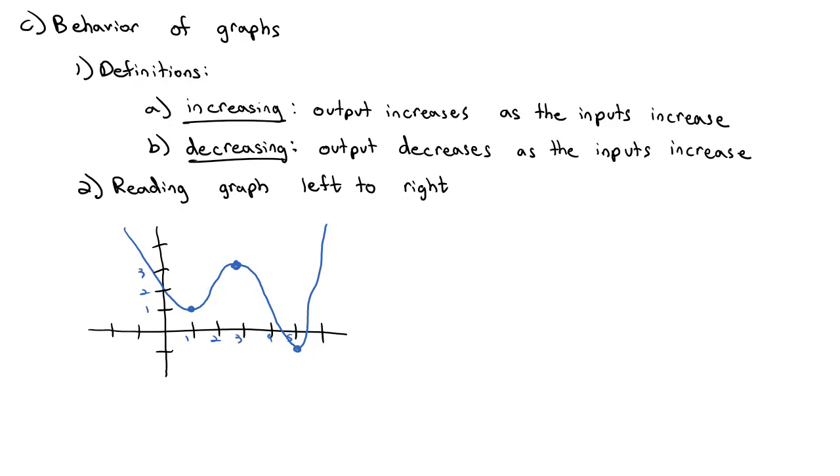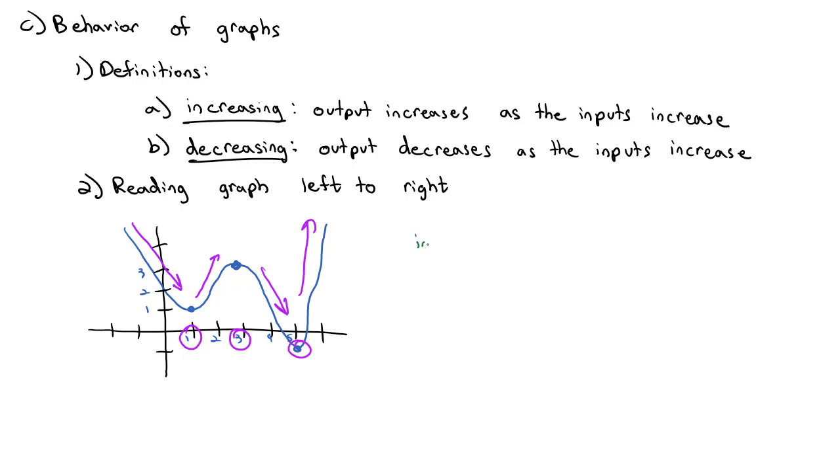If we read the graph from left to right, I imagine a little person walking across the graph, and I just kind of have to decide, is the person walking downhill or uphill? If a person were to walk across this graph from left to right, you'd notice initially the person would be walking downhill until he reached the point 1 where the person would start walking uphill until the person reached an x value of 3, in which case they'd start walking downhill until you got to 5, in which case you'd start walking uphill again.